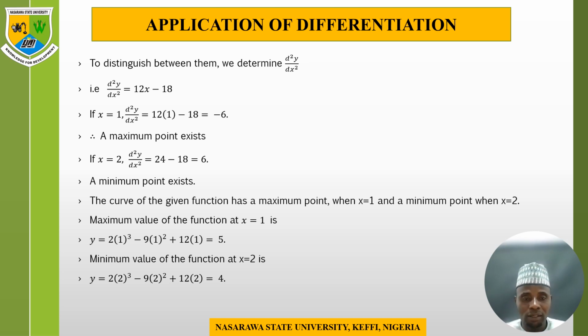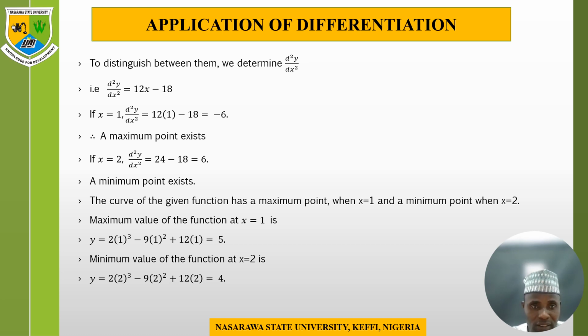So you will also substitute the second value, x equal to 2, into that particular function in order to determine whether it is a maximum or a minimum when x is equal to 2.